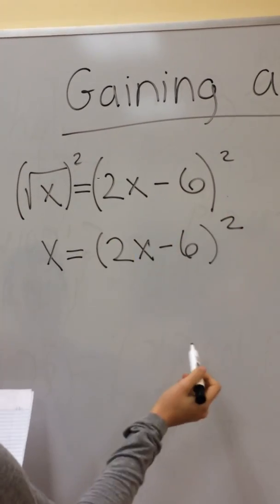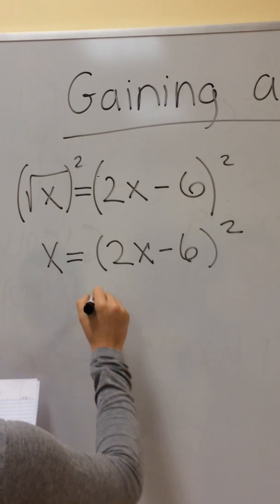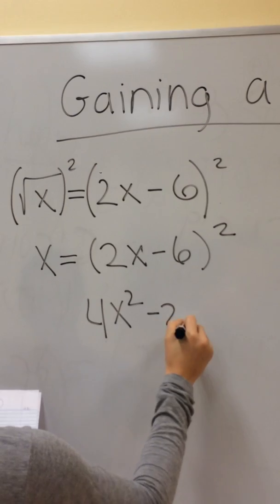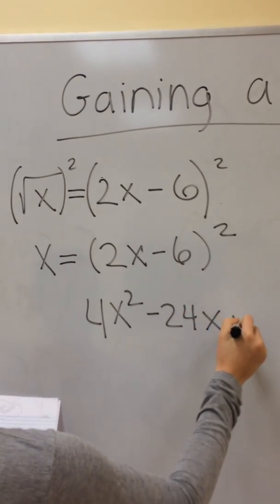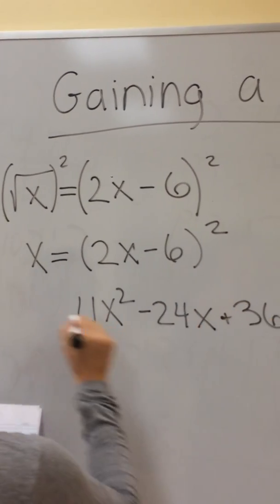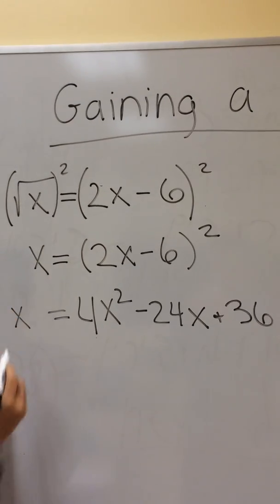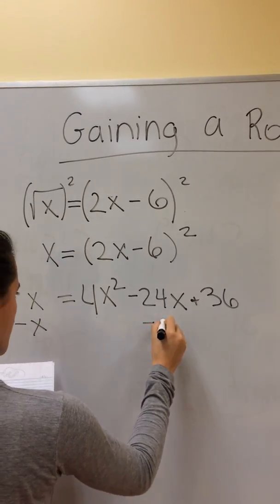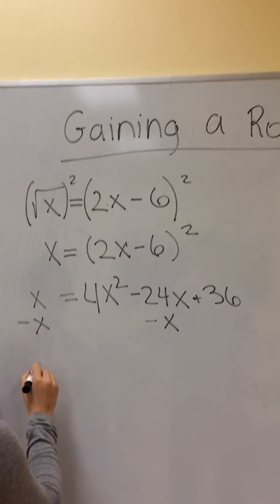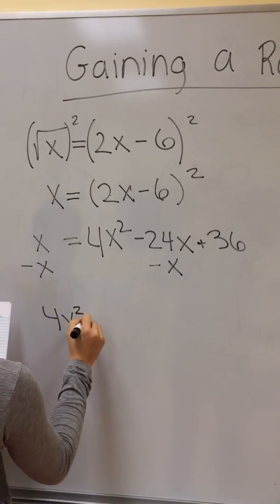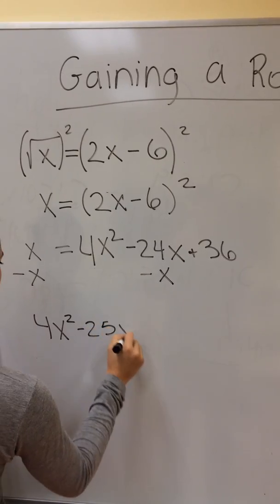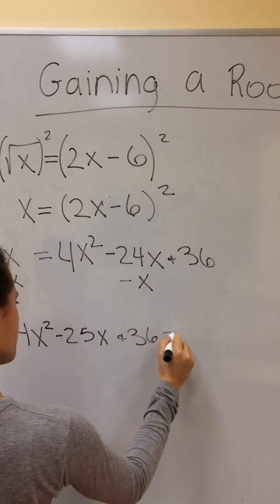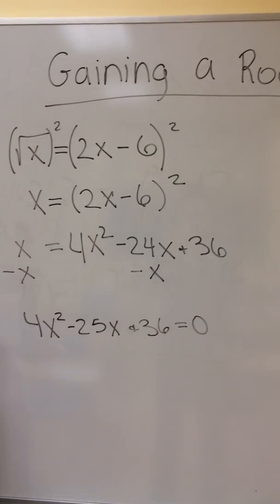Then, in order to solve this, you have to FOIL, which becomes 4x squared minus 24x plus 36. And then you subtract x from both sides, and it becomes 4x squared minus 25x plus 36 equals 0.